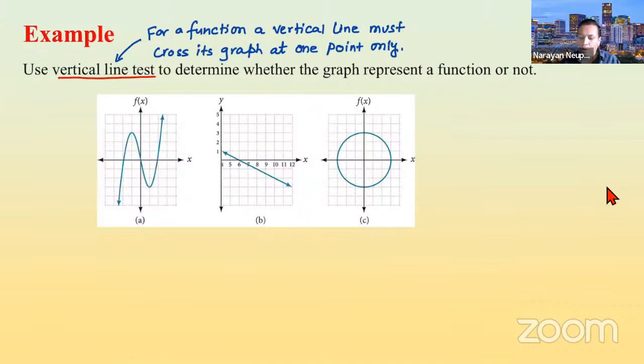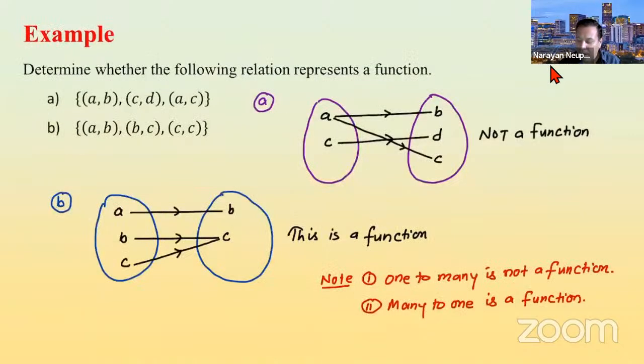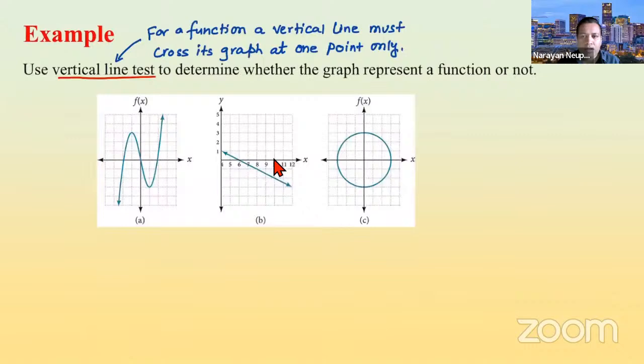Because what we know is the same thing. See, in the beginning, what we say here is for the individual input value, it must have only one output value. That's why the vertical line must cross the graph at only one point.